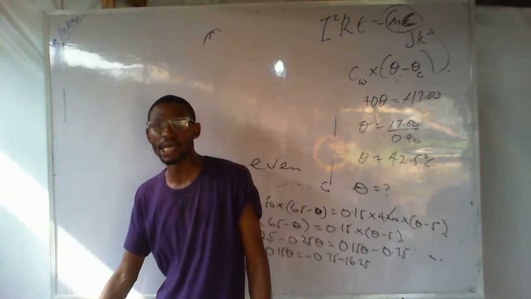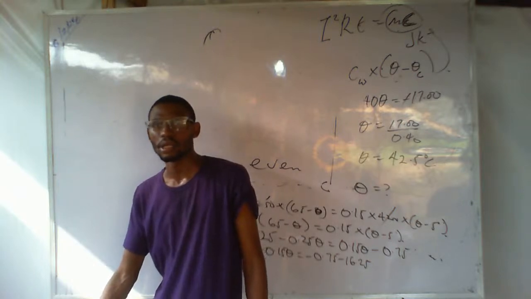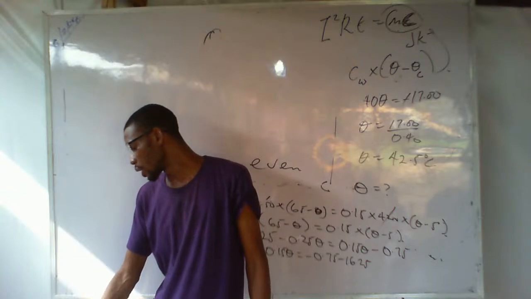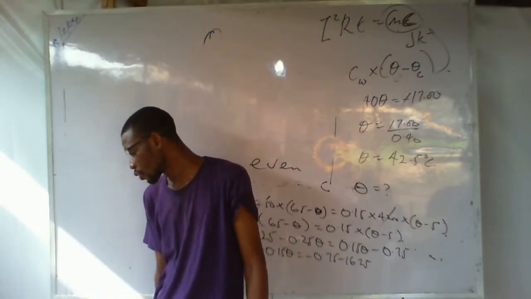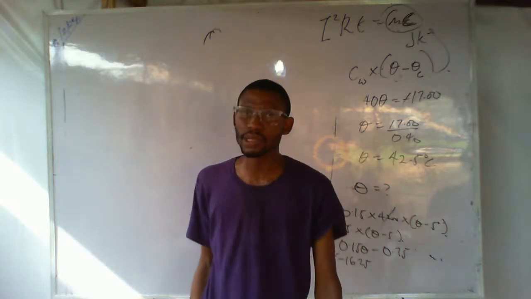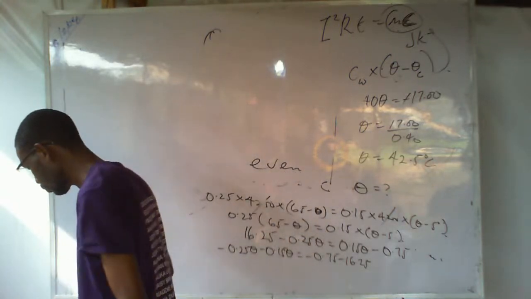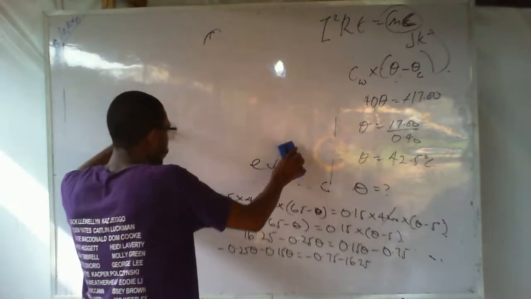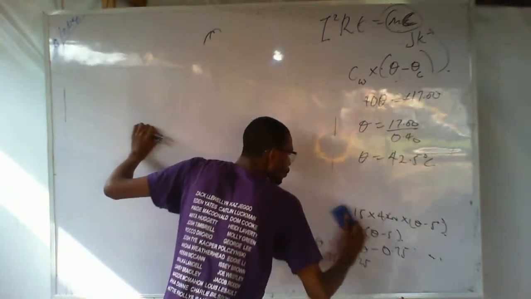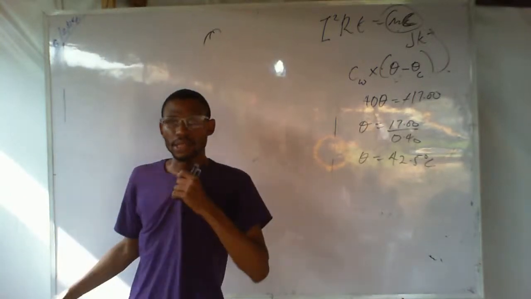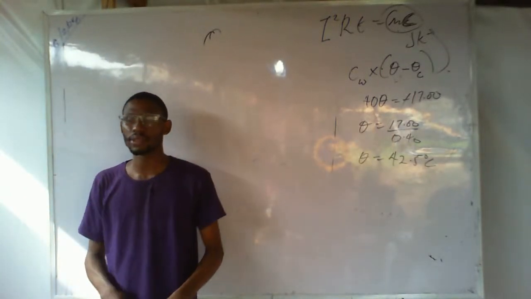Heat gained by water plus heat gained by calorimeter and stirrer. Now, let's write.